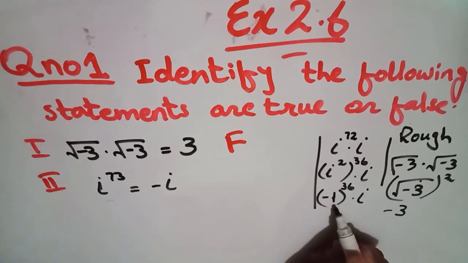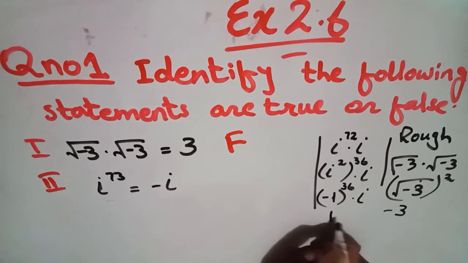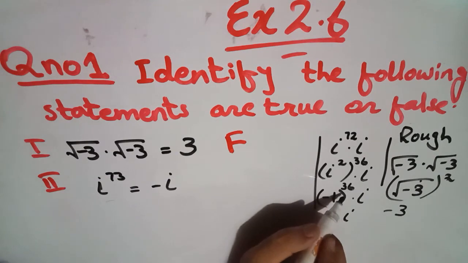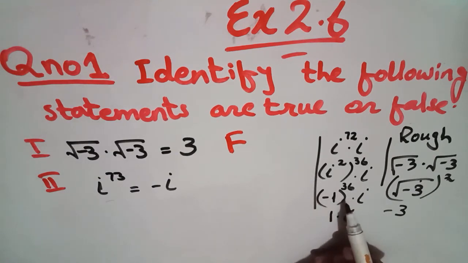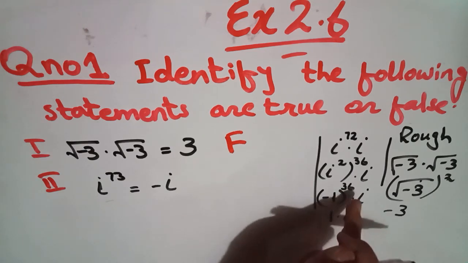If we have the power of any negative integer in an even number, the answer that we will get is positive. And if the power of any negative integer is an odd quantity, then the answer will be negative. So the power is positive because of the even power.